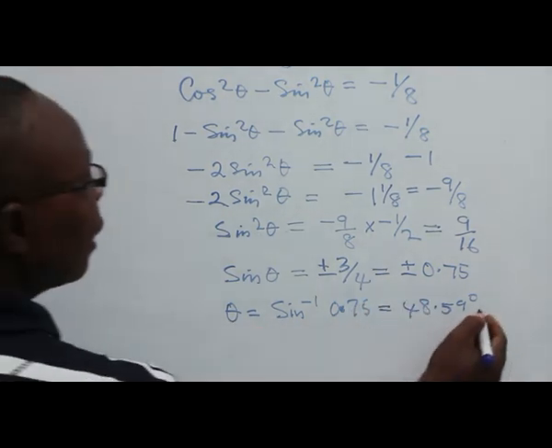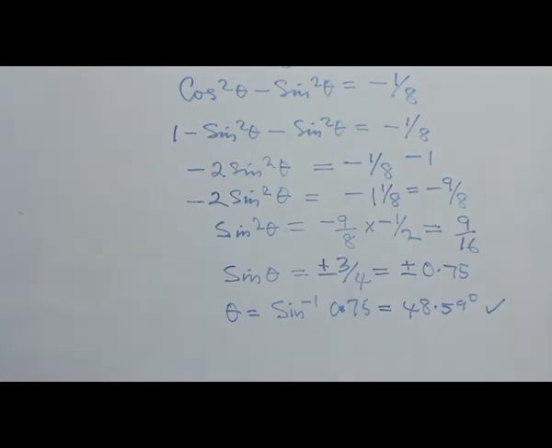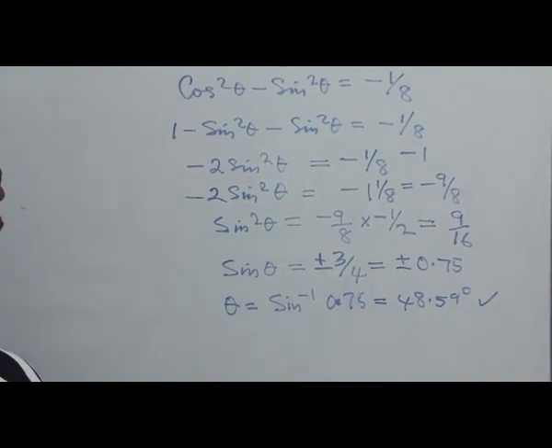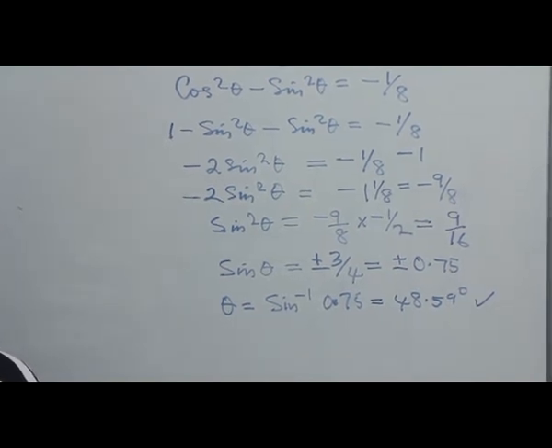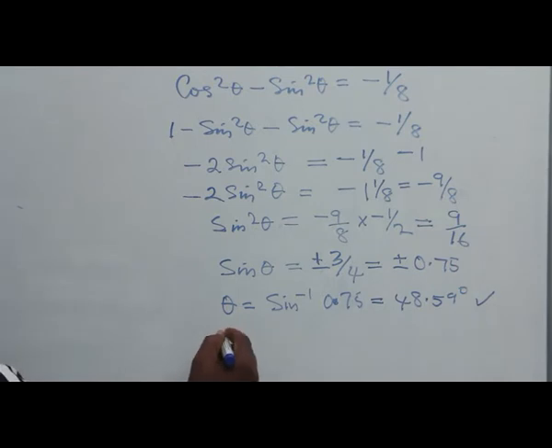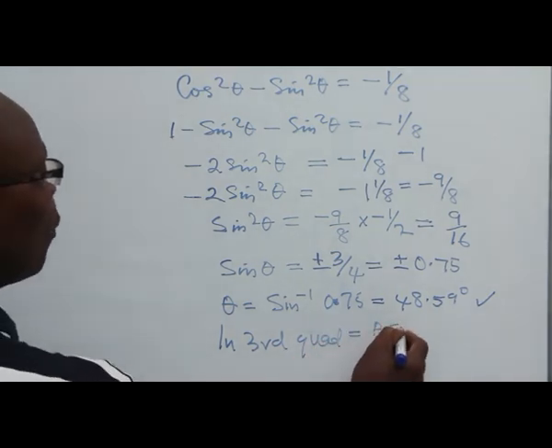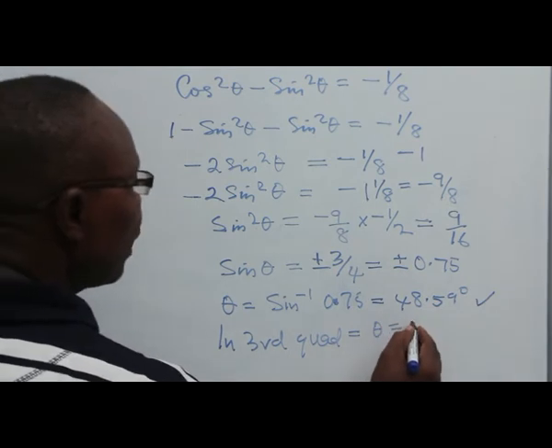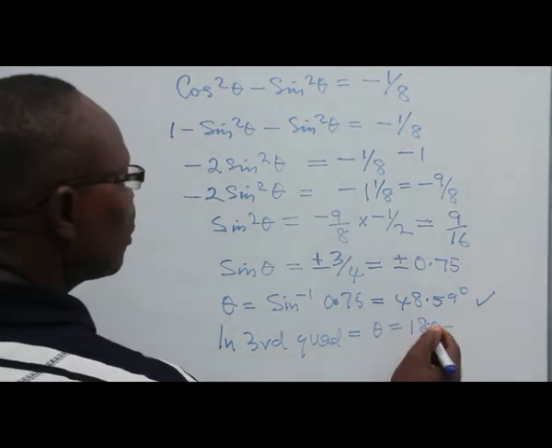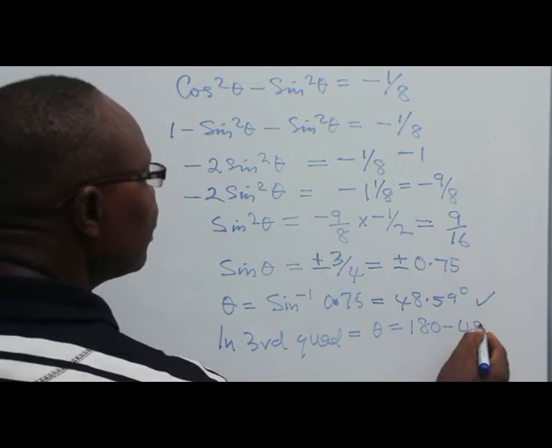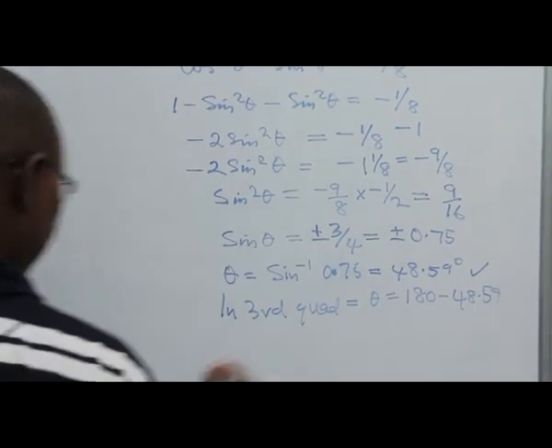So one of the answers is 48.59 degrees, acute, and the other one is when it is negative. So if sin theta is negative, in which quadrant? In the third quadrant, and of course also in the fourth quadrant. So in the third quadrant, we have our theta will also be equal to 180 plus 48.59 degrees.